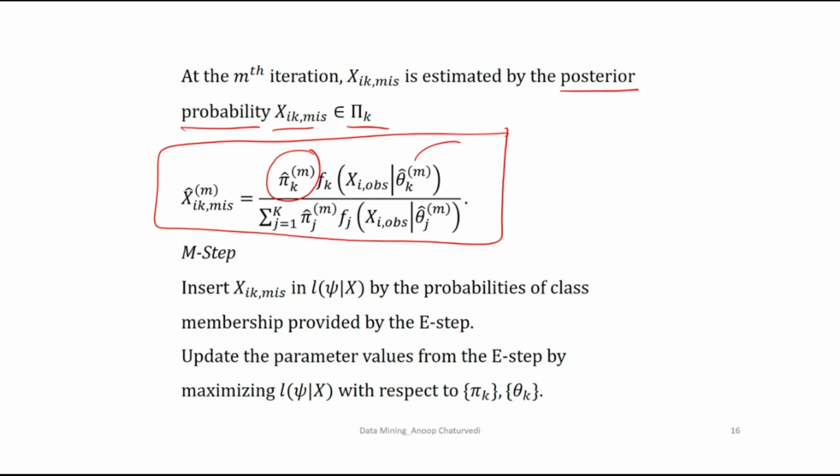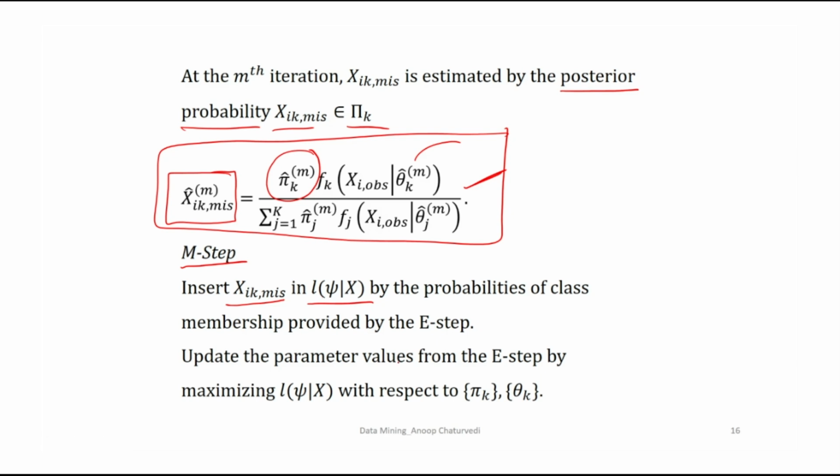Then we come to the M step. We have obtained x_ik missing at the mth step. Then we insert x_ik missing in the log likelihood L(psi given x) by the probabilities of class membership provided by the E step. The E step provides you the probabilities of class membership, these probabilities. So, we insert the same values in L(psi given x).